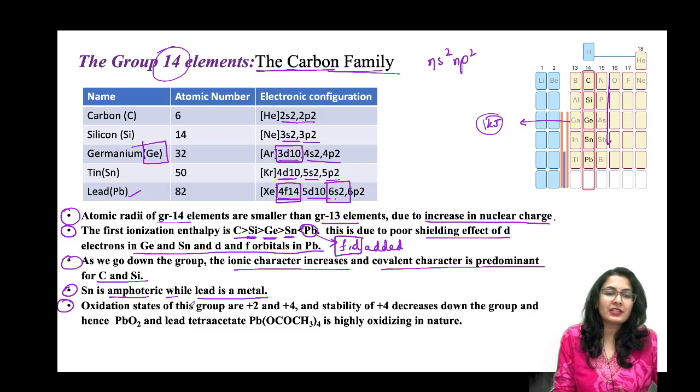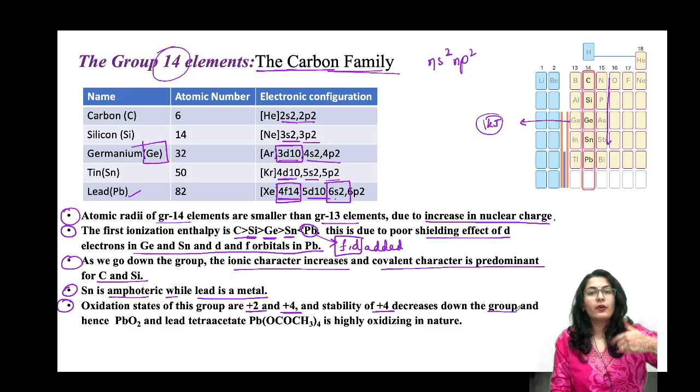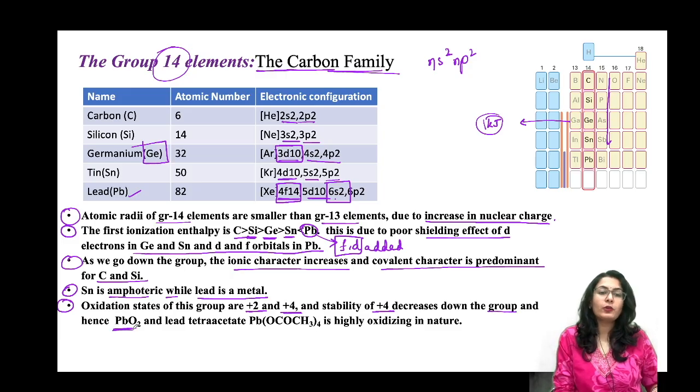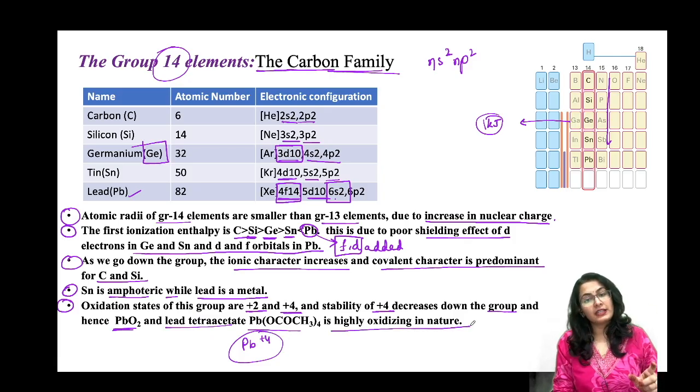The oxidation states of this group are +2 and +4, and the stability of +4 decreases down the group. Why? Because of the inert pair effect, and hence PbO2 and lead tetraacetate, which have lead in +4 oxidation state, are both highly oxidizing in nature.